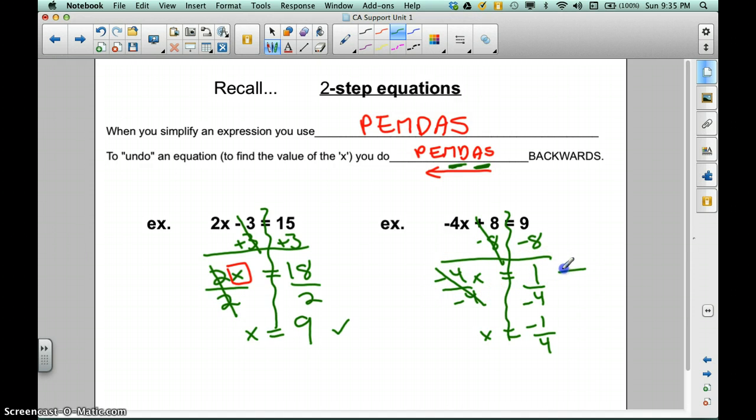That's this line right here before I divided by negative 4. Since the x had a negative 4 directly in front of it, I divided by negative 4 on both sides. And when I did that, negative 4 over negative 4 canceled. That left the x by itself. And on this side, I have negative 1/4. All I did was move the negative to the top out of convenience.